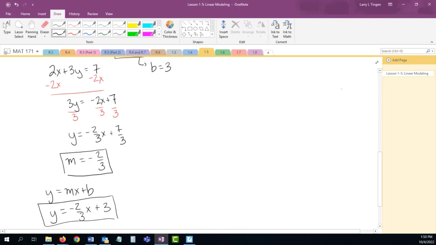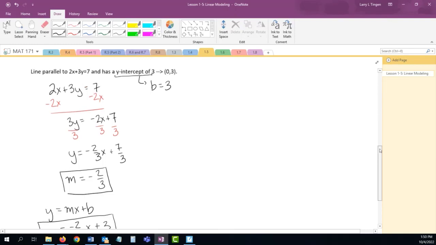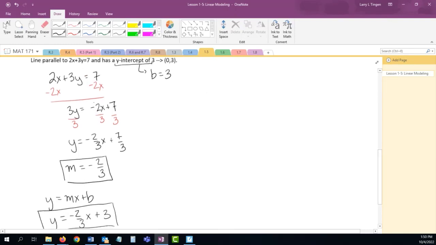If I did this with point slope, the process would be the same because I still need the slope. So I know that the slope is negative 2/3, and I know the point that I'm using is (0, 3).